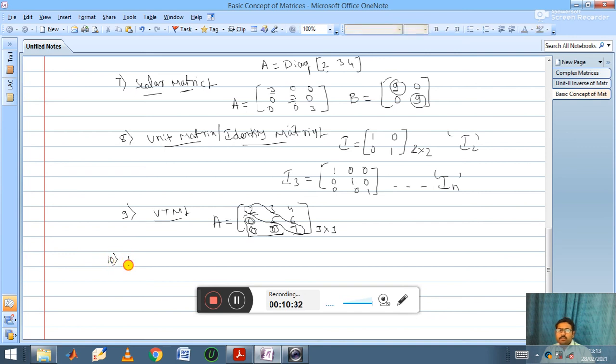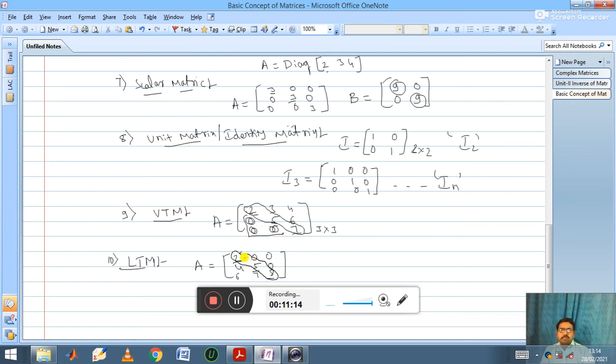Then similarly we can write the definition of the lower triangular matrix, the 10th one. In short I am writing lower triangular matrix as LTM. You can guess it easily. Here the elements are 2 0 0, 4 5 0, 6 7 8. This is known as a lower triangular matrix. Then you identify the diagonal elements. The diagonal elements are 2 5 8, and your leading diagonal line, principal diagonal line, is 2 5 8.